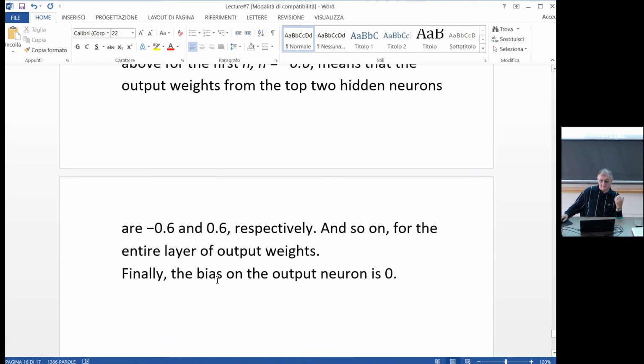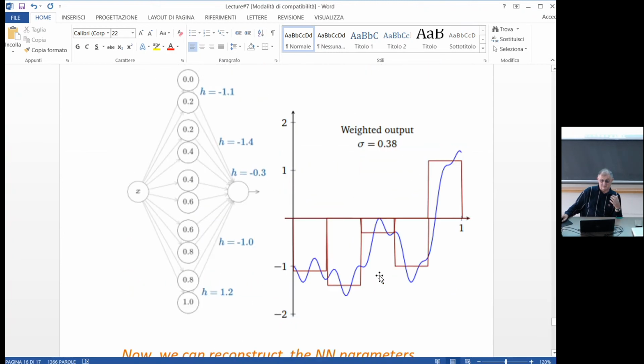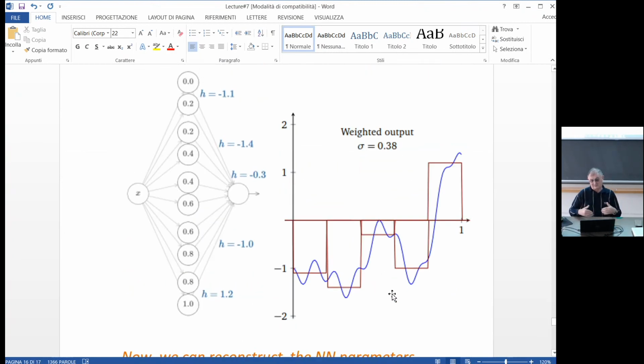And the bias on the output neuron is by definition 0. So we have constructed this way to construct the function.